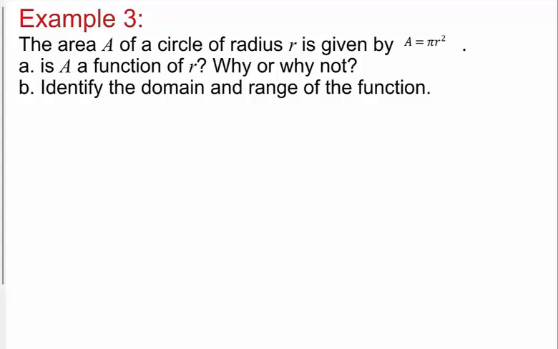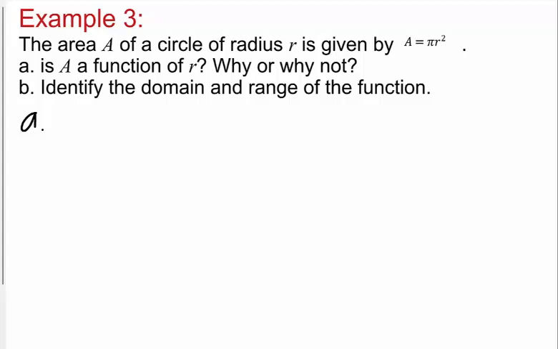Okay. Now let's use a formula here. The area A of a circle of radius r is given by A equals pi r squared. Is A a function of r? Why or why not? Identify the domain and range of the function. All right. Is A a function of r? Well, let's think.